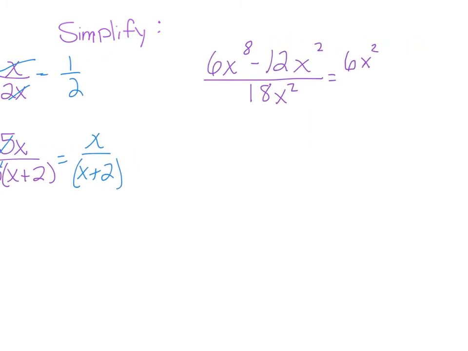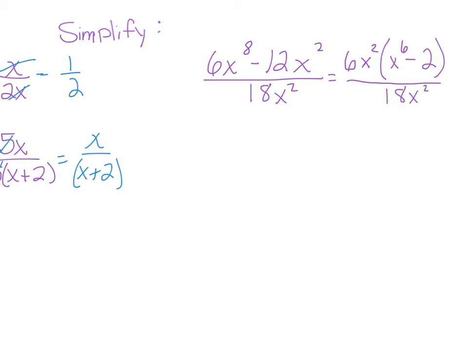I'm moving that a little bit so I can get a better look. What's left? In the first part, we took out the 6, but there are 6 x's. In the second one, when we divide out the 6, we're left with 2. This is still over 18x to the 2nd.